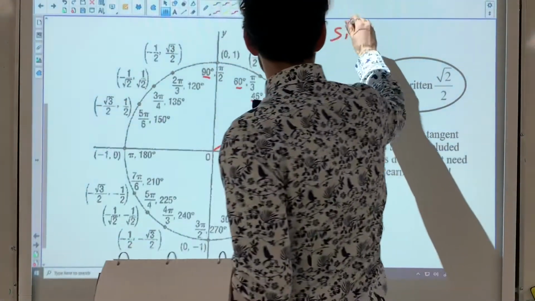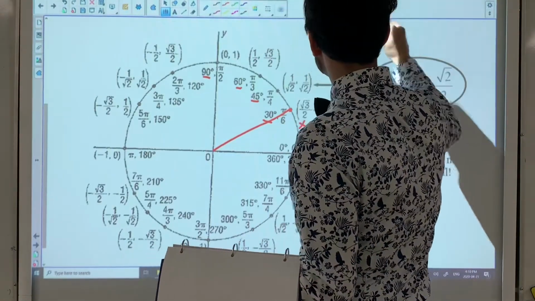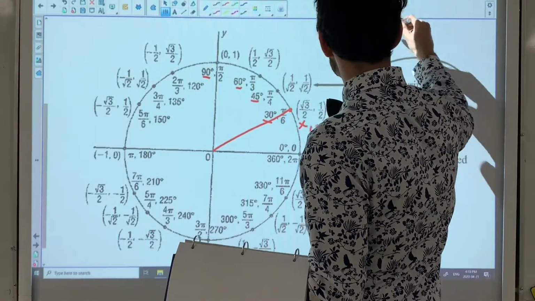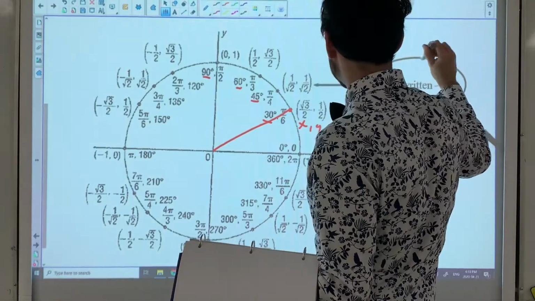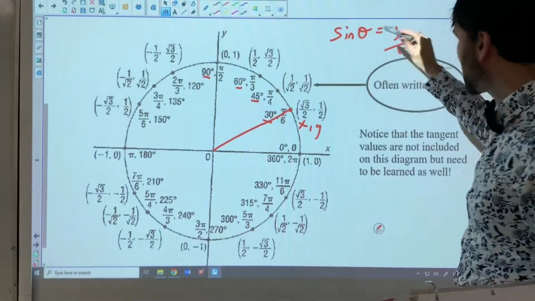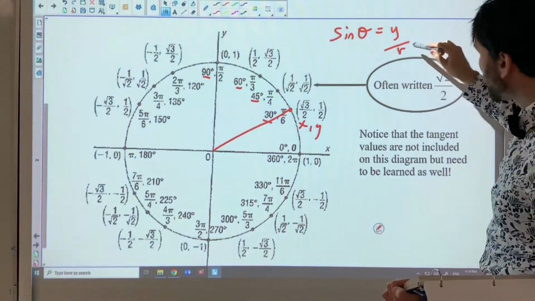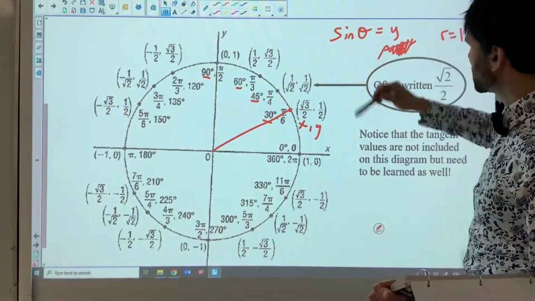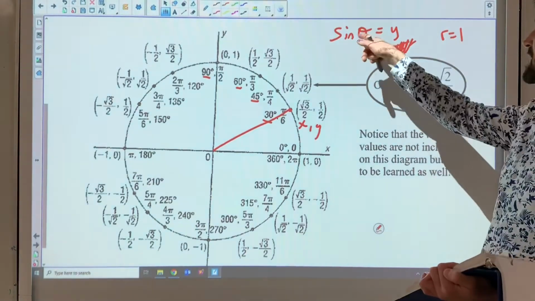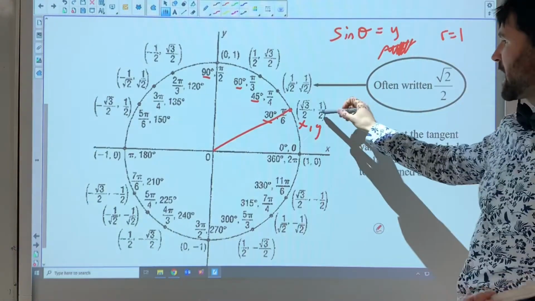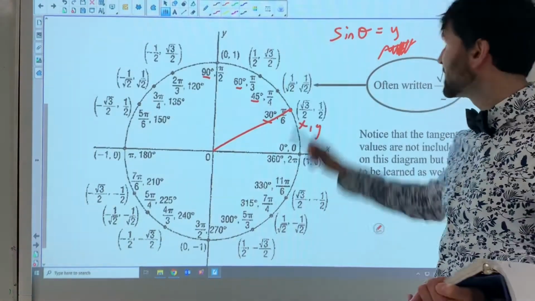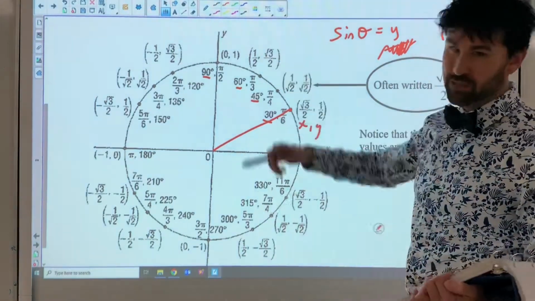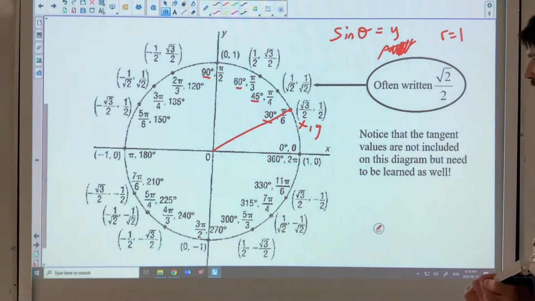Remember that sine theta is just equal to y on the unit circle. The reason is that was our formula from yesterday, but r is equal to 1, so when we divide by 1, it goes away, and you just have sine theta equals y. So every y value is the corresponding sine theta value, and every x value is the corresponding cos theta value.